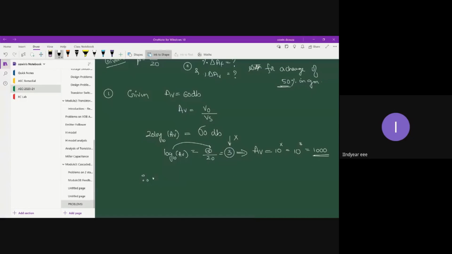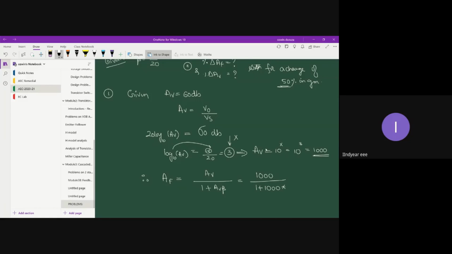So the closed loop gain AF is equal to open loop gain AV divided by 1 plus AV into beta. The open loop gain we have found is 1000, divided by 1 plus 1000 into beta.